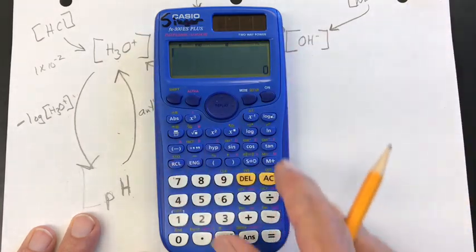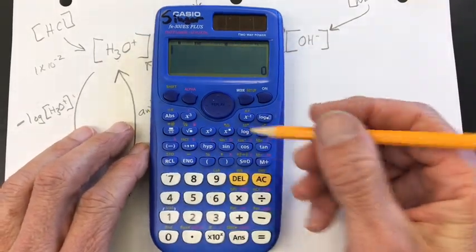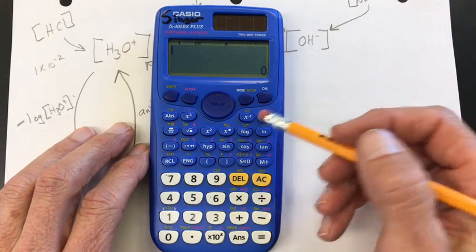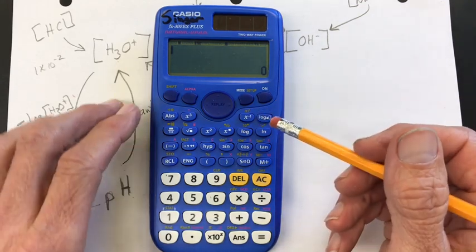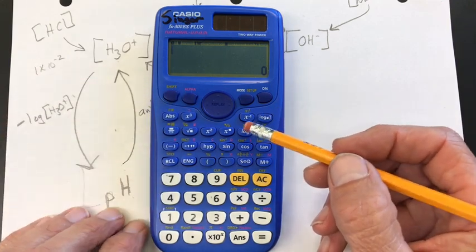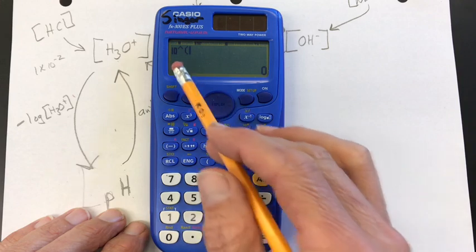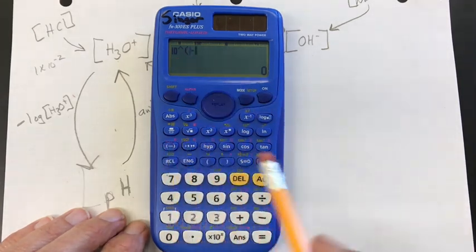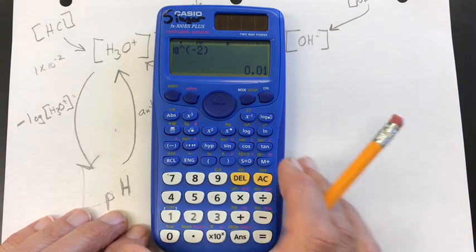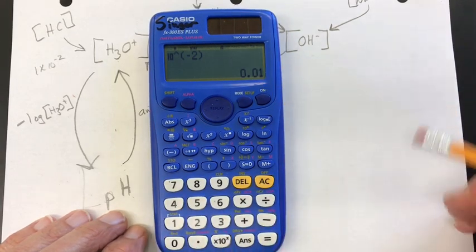I use the same button, not any other tempting button. I go Shift, anti-log, put in a negative 2, and there I get 0.01.